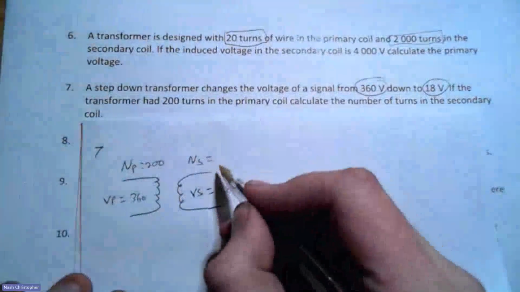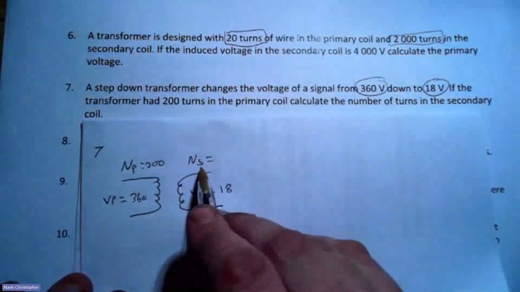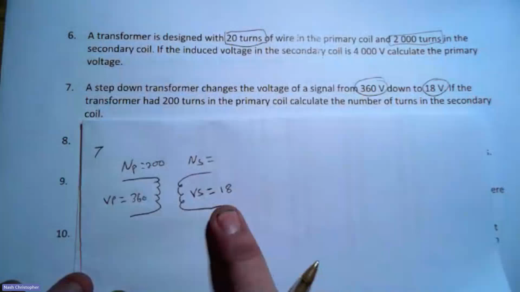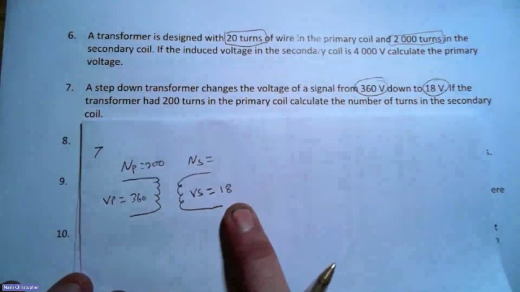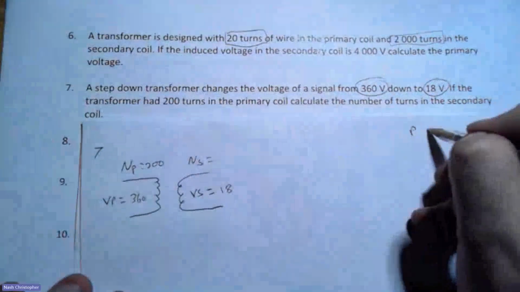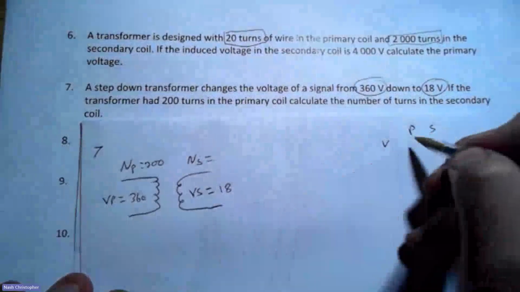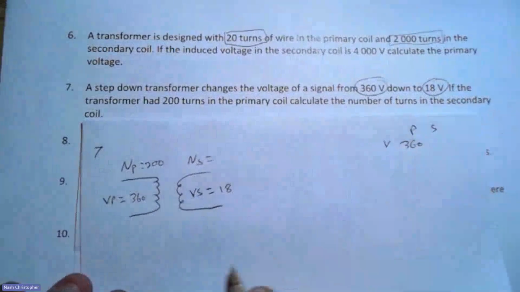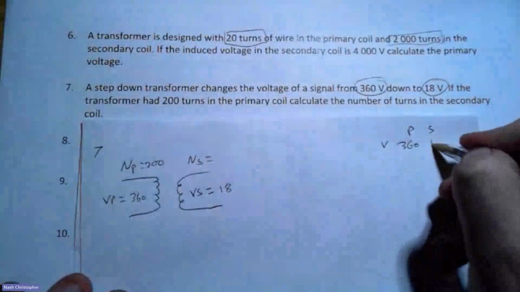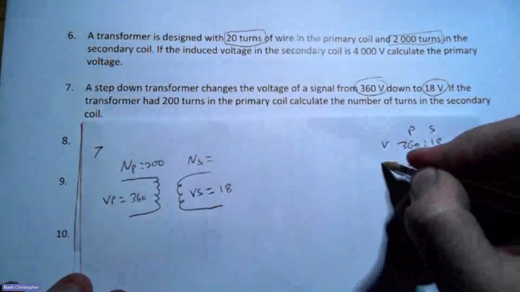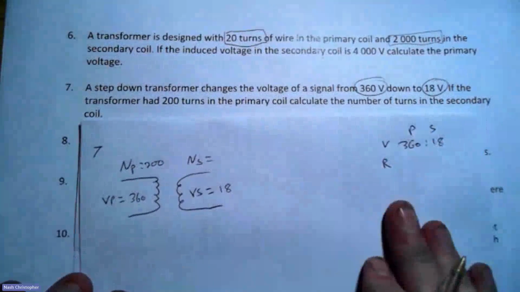So we're missing the number of turns secondary, but we have a value for each of the voltages. So map it out. Voltage primary 360, voltage secondary, 18. Calculate the ratio.